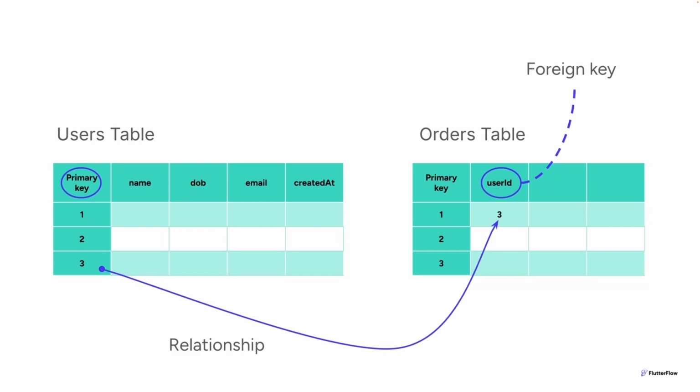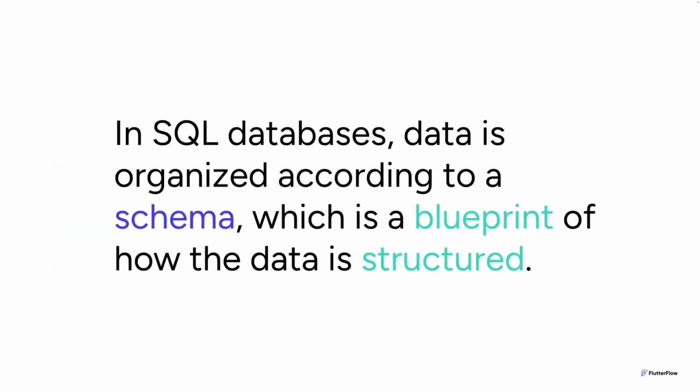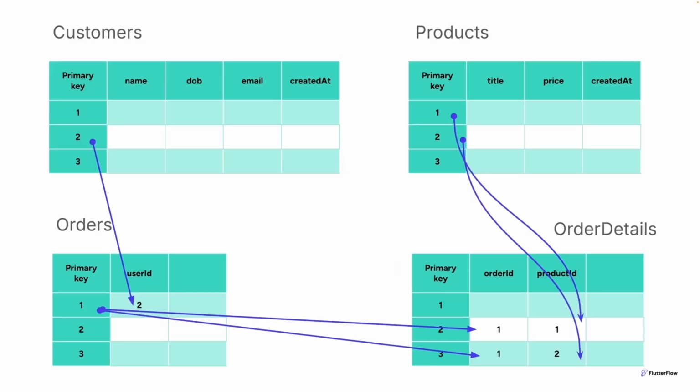All right, now let's connect this to the concept of a schema. A schema in SQL is like a blueprint for how your data is structured. It defines all the tables in the database, the fields within each table, and the relationships between them. Think of the schema as the rules governing how data is stored and how different pieces of data relate.